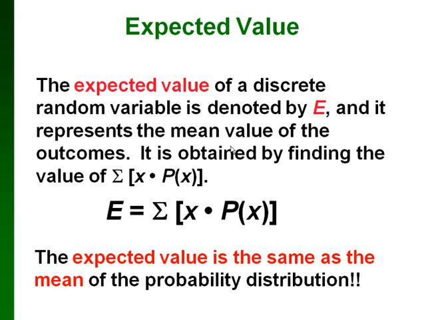This doesn't mean in any one case that our random variable is going to have that value, but if we repeat the procedure or the experiment many times in a row, say 1,000 times or 10,000 times, then the expected value is the average value that we would expect to get. And notice down here, the expected value is exactly the same as the mean for a probability distribution. Notice it has the same formula. We would find it in exactly the same way as we just found the mean for that previous probability distribution.